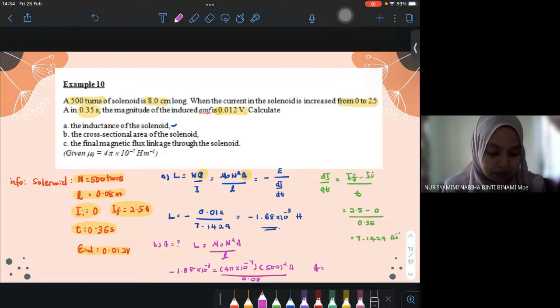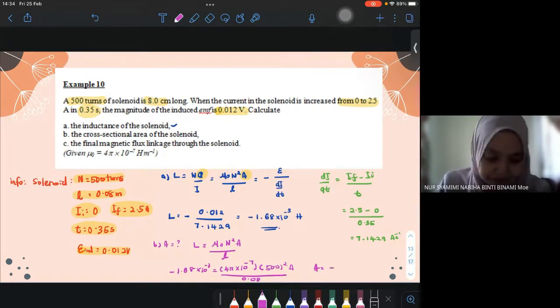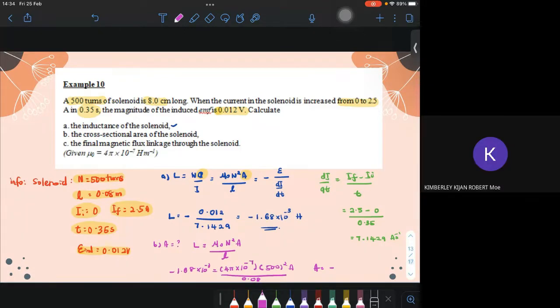Apa yang kamu dapat area? Dapat negatif madam. Okay, berapa negatif? Negatif 4.05 eksponen negatif 4.